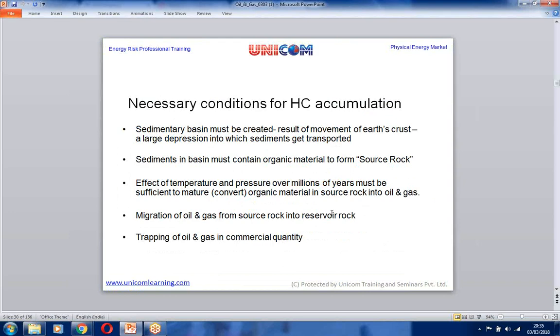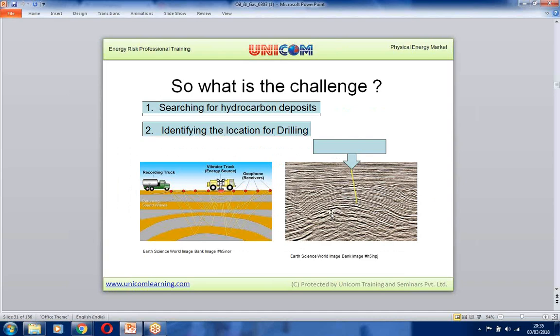Then migration of this oil and gas happens from the source rock into reservoir rock, and it gets trapped in a typical formation like an anticline, a salt dome, a fault or a stratigraphic trap, where they accumulate and form the reservoir. So what's the challenge? The challenge is searching for the deposits and then identifying the location where exactly you need to drill to get to the oil and gas resources. That's the challenge.